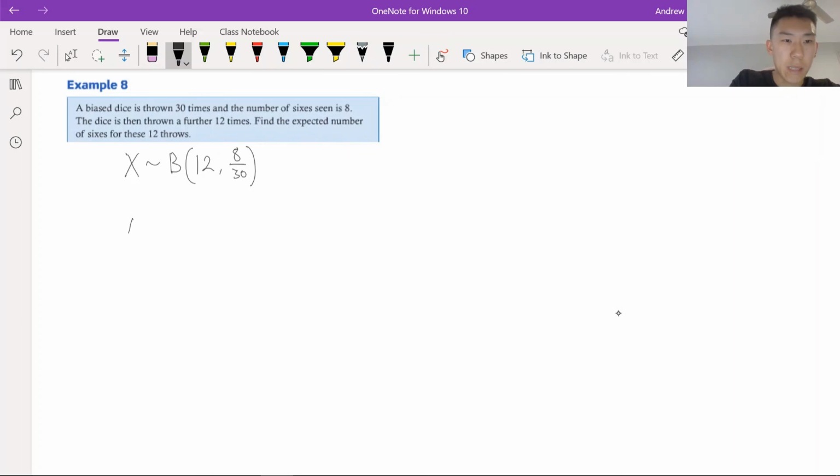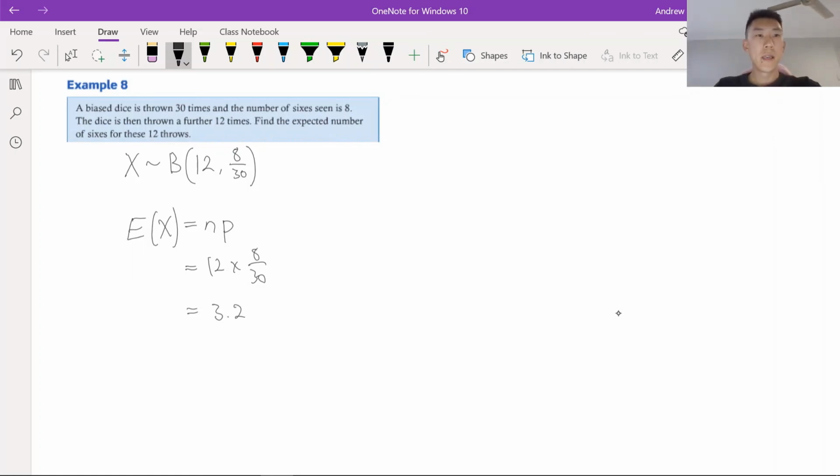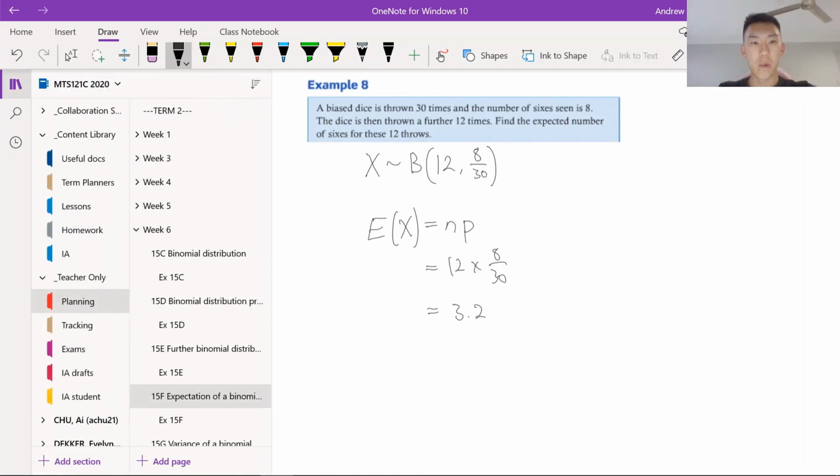Now, the expected number, even intuitively, you would just think to do 12 times 8 over 30, which is n times p, which is literally the formula, and that is 3.2. Okay, that's it, done. So that's expected value, quite straightforward.